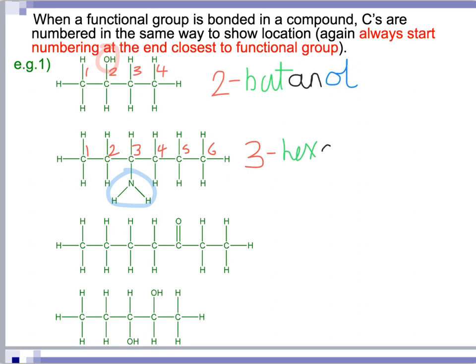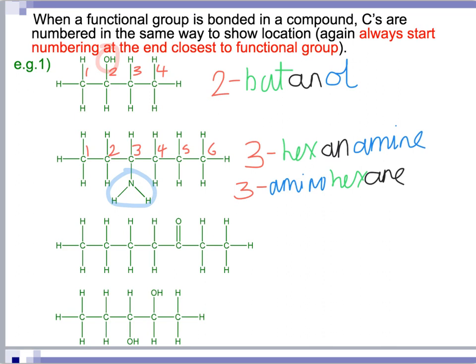They are single bonded, so an. And this functional group, if you remember, is an amine, so hexanamine. Now, amines are a little special in that we could put the amino first, and so we could have said 3-aminohexane. And both of those names would be equally correct.